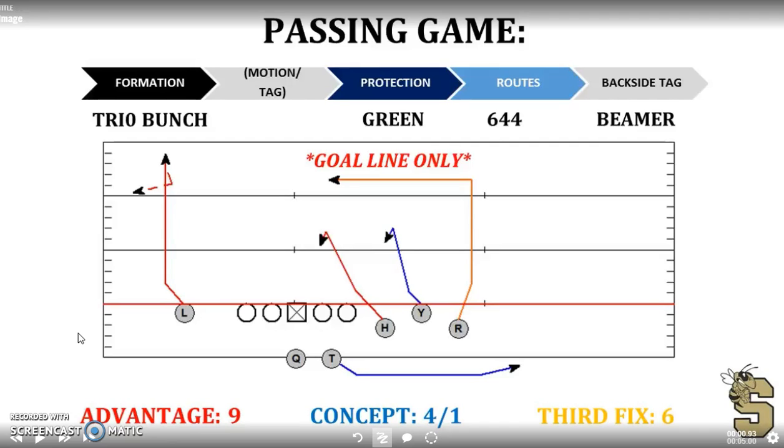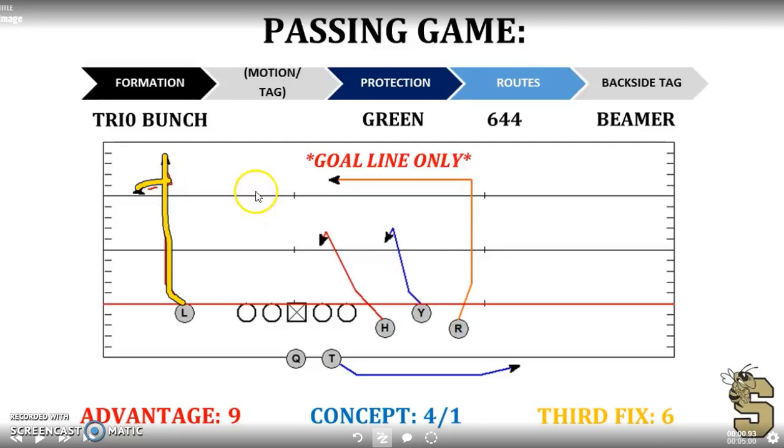Here is an example of 644 out of our bunch formation. We will first try to identify numbers. If we get a one-on-one matchup on the backside, we will take that beamer tag and we will try to throw a touchdown, either a fade to the back of the end zone or the adjustment when he turns back to the quarterback.